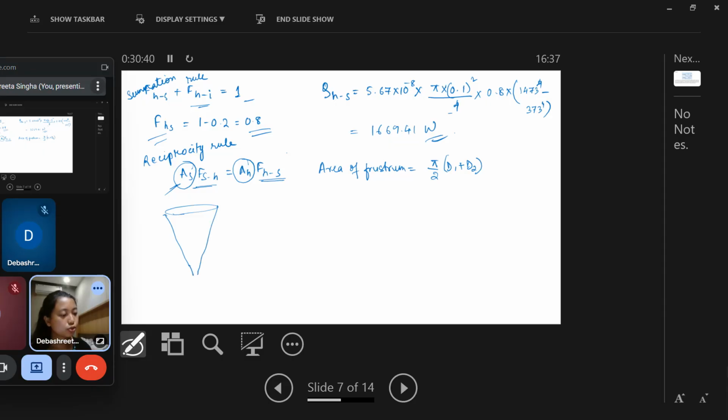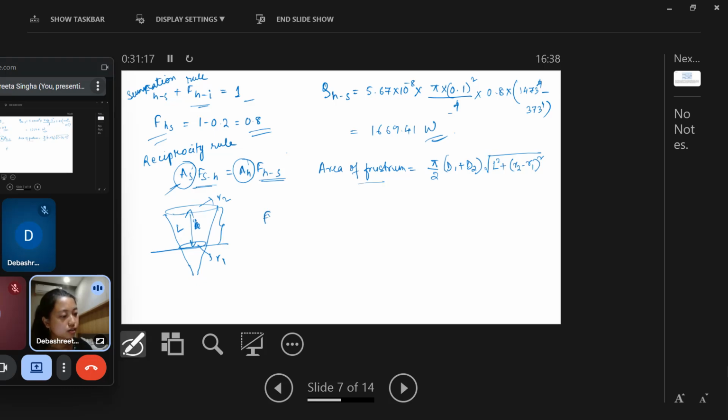If we draw a cone and if we cut here, then this is exactly what is called a frustum. So L is this, sorry, this is L. And R2, R1, we know this is R2. This is R1. D1, D2 are the diameters. So like this, we get the area of the frustum.